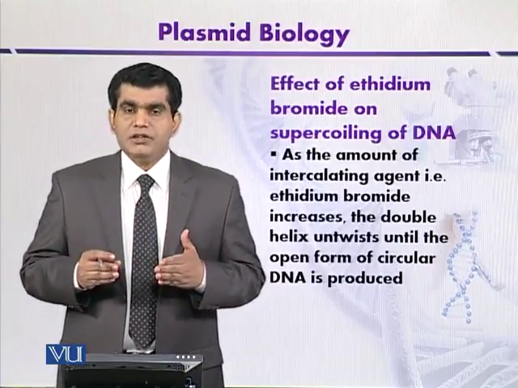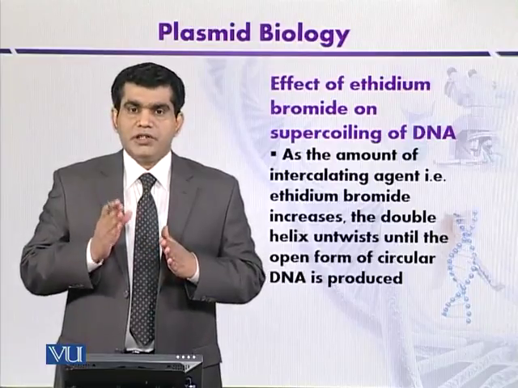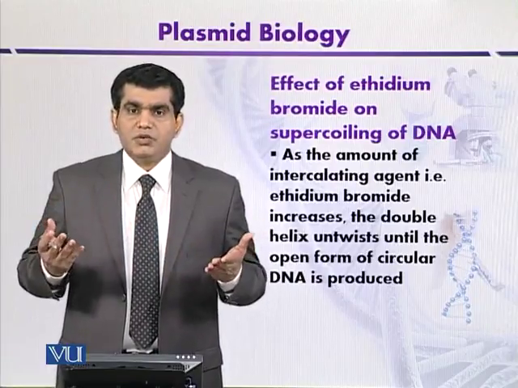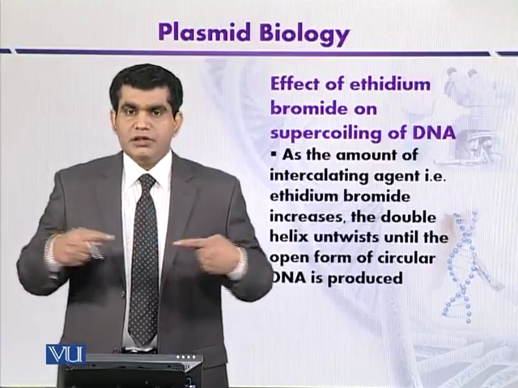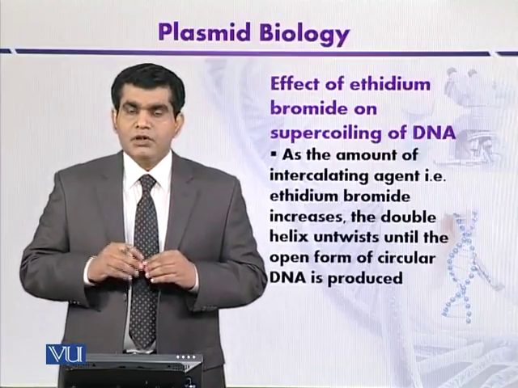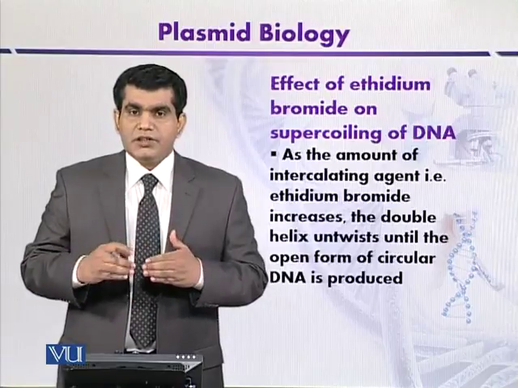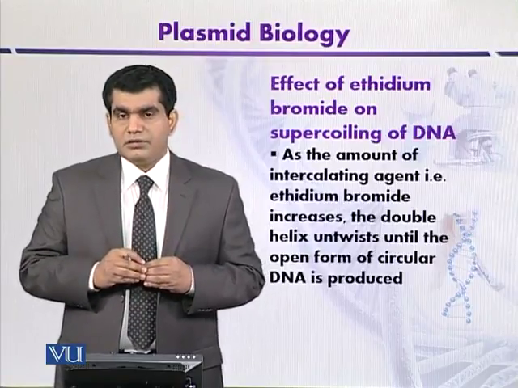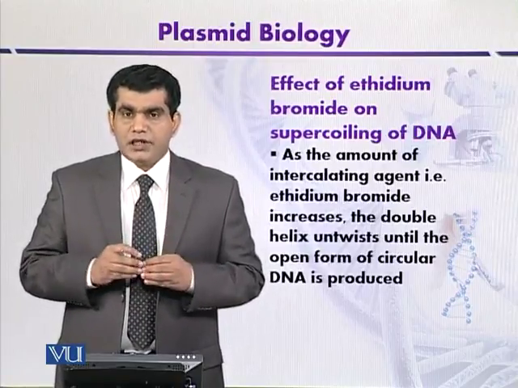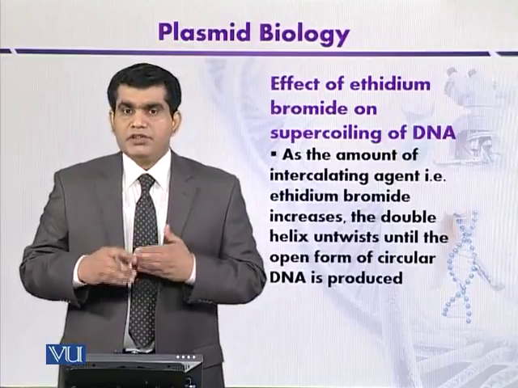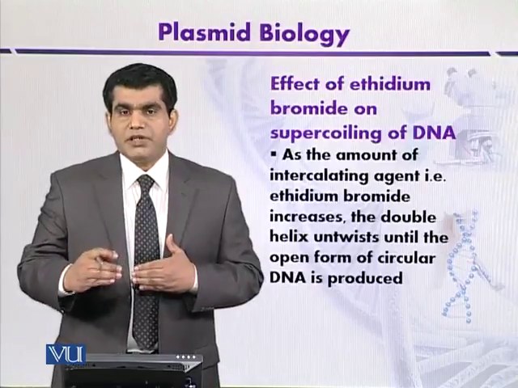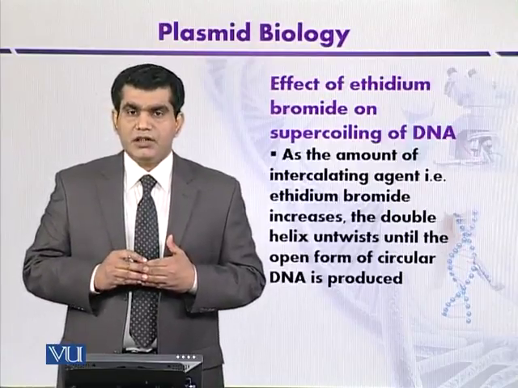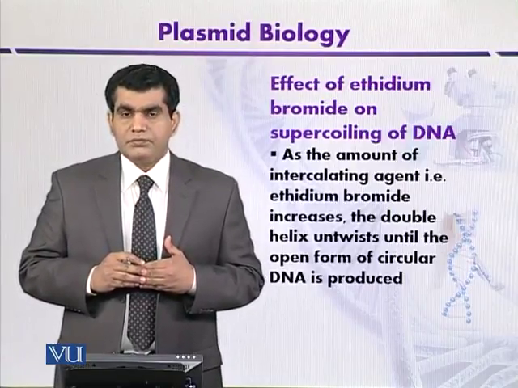Linear DNA means that the plasmid is now digested with a single enzyme, so that it is no more open circle, it is now in linear form. If we analyze it on the gel, then we will find that because of their structural configurations, they will separate at different locations on the gel.